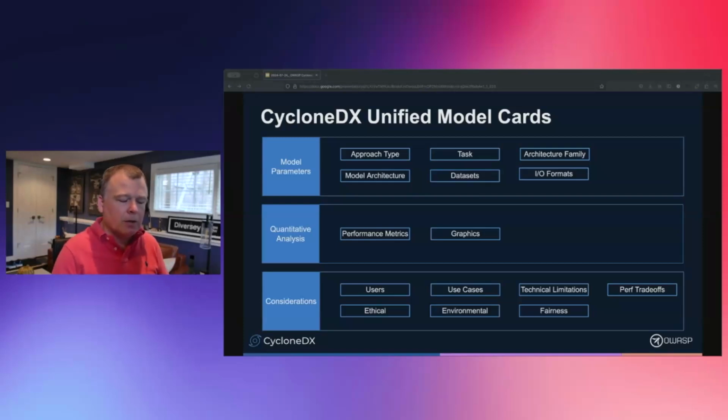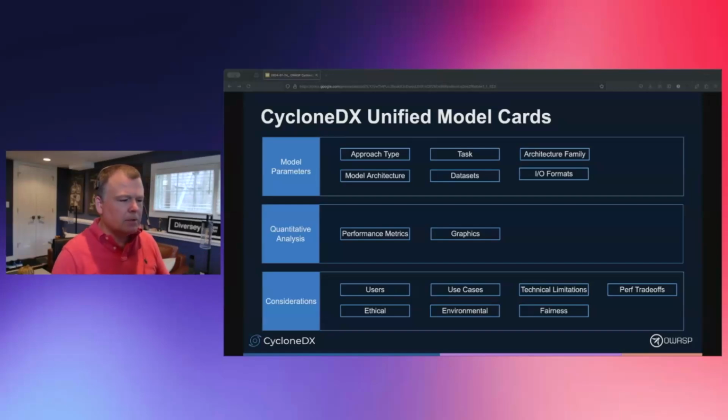This is actually one of the new things in CycloneDX 1.6. Turns out the AI Act from the EU has a requirement that for high-risk models we track the environmental concerns of a given model through the life cycle of that model. So all the energy and carbon emissions that went into training, all the way through inference, can be tracked in CycloneDX today. So lots and lots of capabilities here.